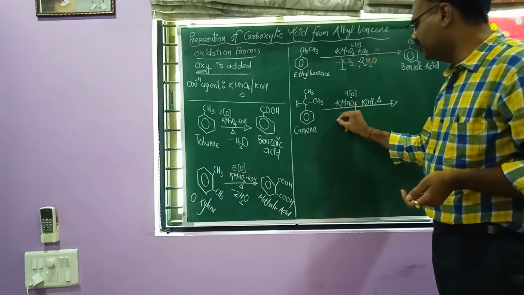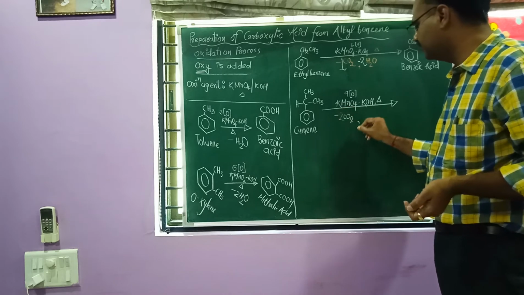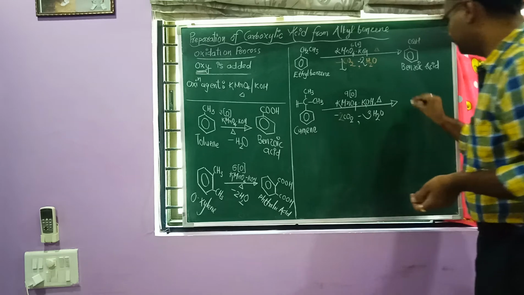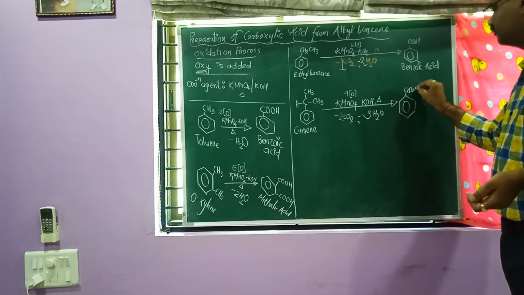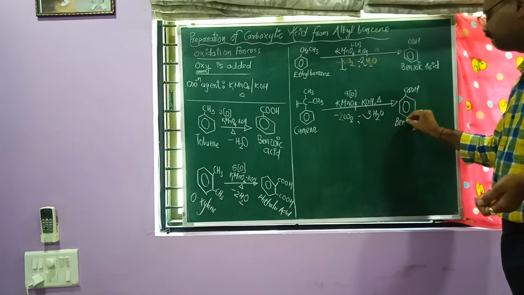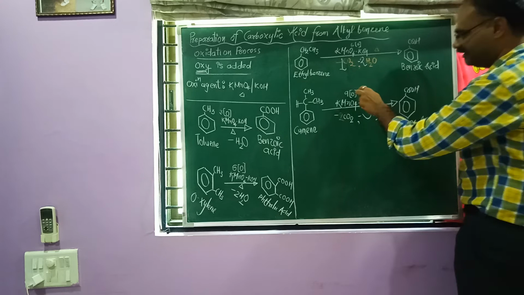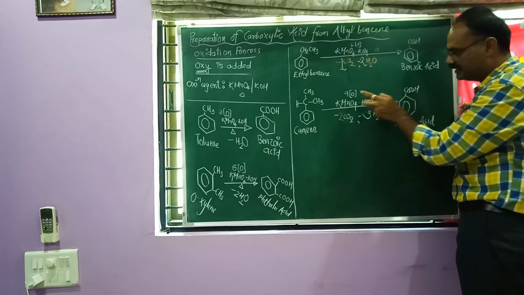So 2 carbons will go in byproduct. That means 2 moles of CO2 byproduct, and 3 moles of H2O should be in byproduct. 1 carbon is converted to benzoic acid again. Total 9: 2 twos are 4 plus 3, 7 plus 2, total 9 oxygen we have.